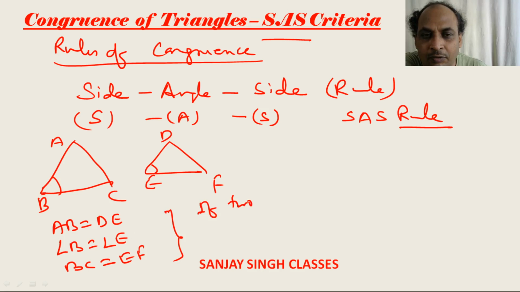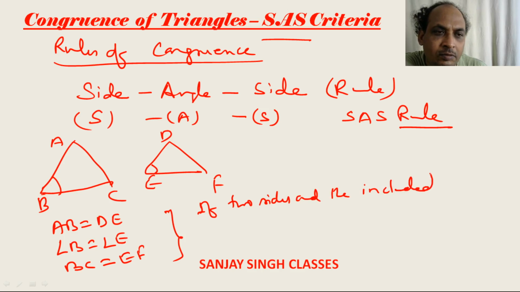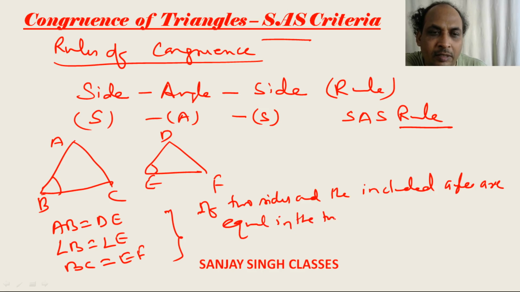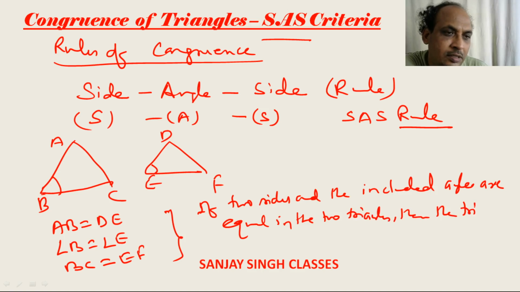If two sides and the included angle are equal in the two triangles, then the triangles can be said as congruent.